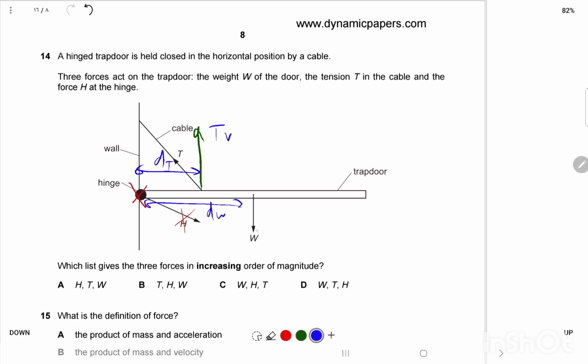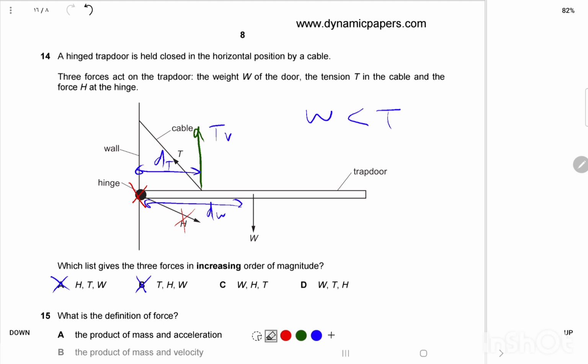In fact, the one which has greater distance is the least. So we can conclude that W is less than T. So this means I can cancel option A and B from the options. These are wrong because W must be less than T.